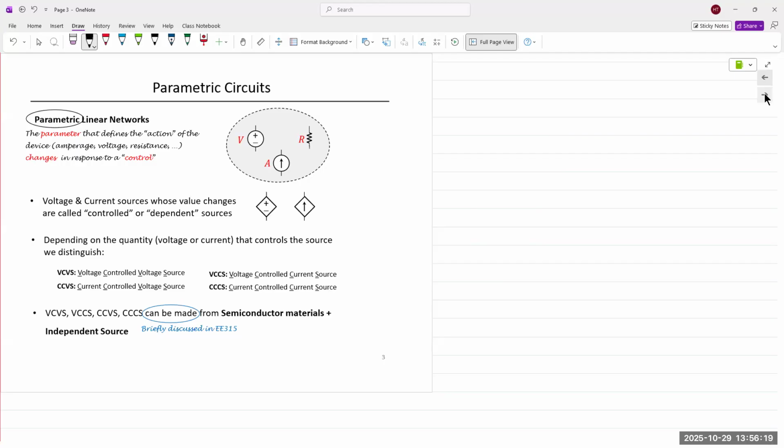Those are parametric devices, parametric circuits. So there are sources that are dependent on some other quantity. Those are known as dependent sources. They are symbolized by this diamond shape.